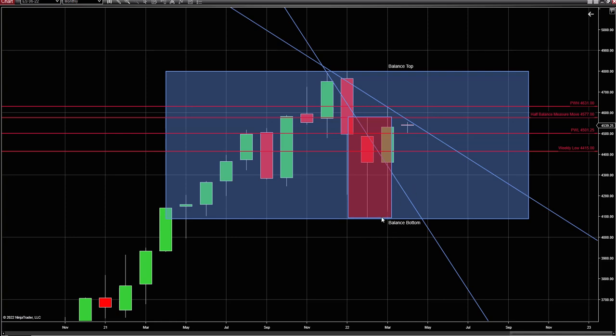It is in a larger time frame balance, so we still expect the market to move higher to the balance top, and then we see whether it takes a reversal from here or breaks out to the upper side. So that is what it looks like on a monthly time frame.